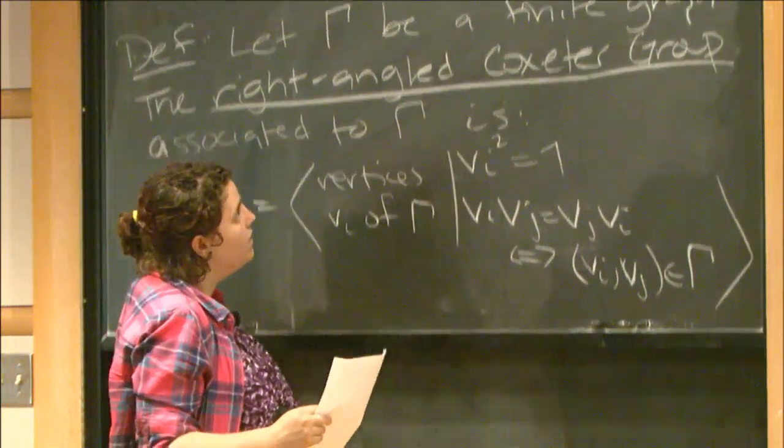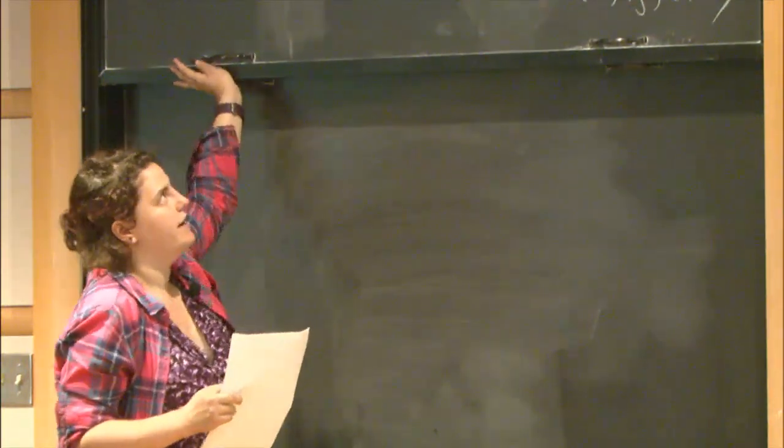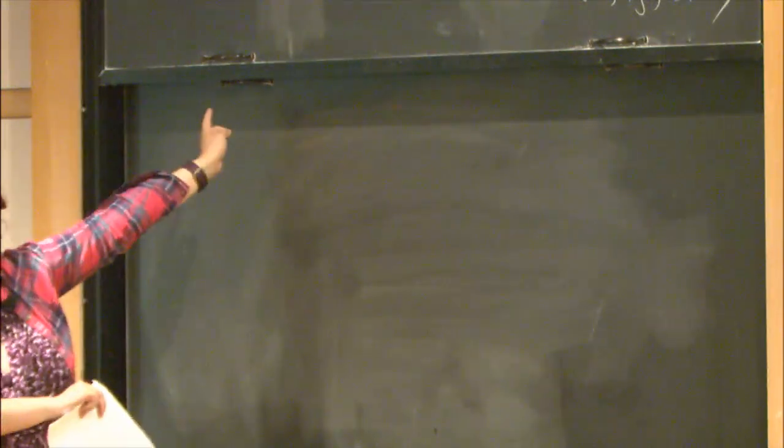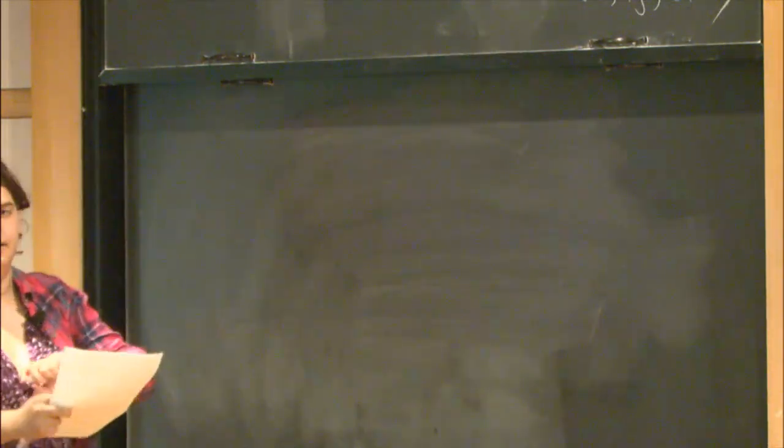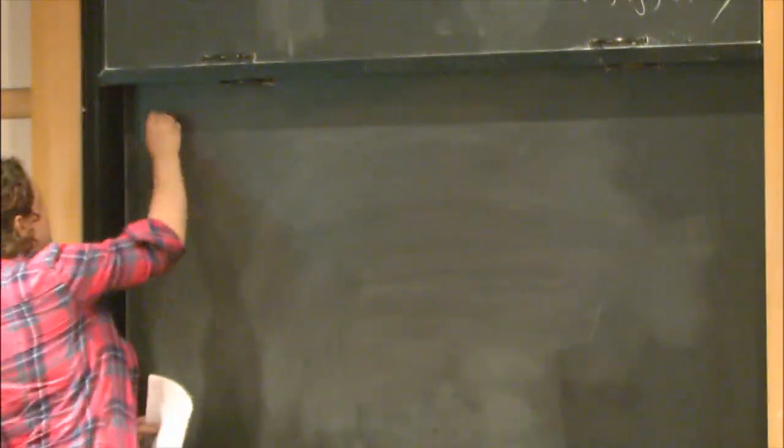So when I talk about random right-angled Coxeter groups, really what I'm doing is I'm taking a random graph, and then I'm looking at the right-angled Coxeter group associated to that graph. So let me write that down.